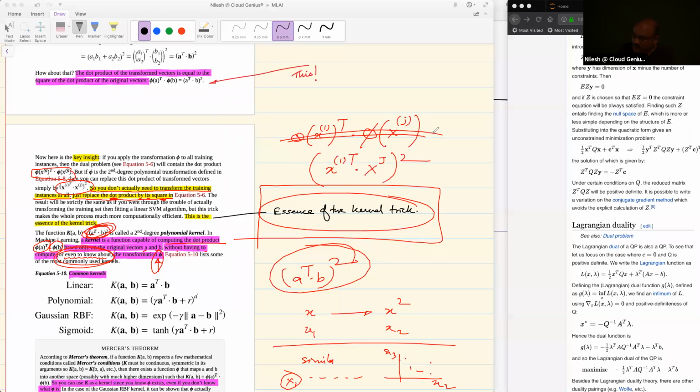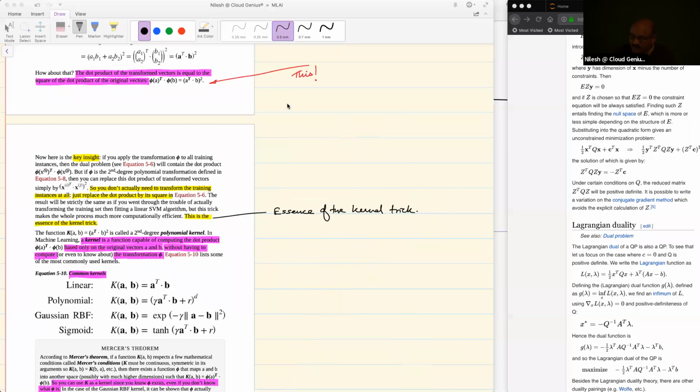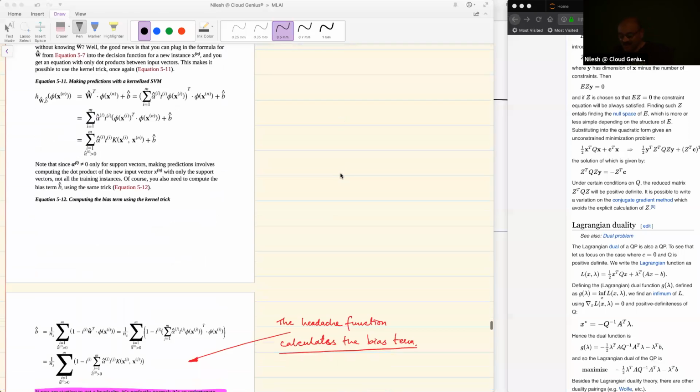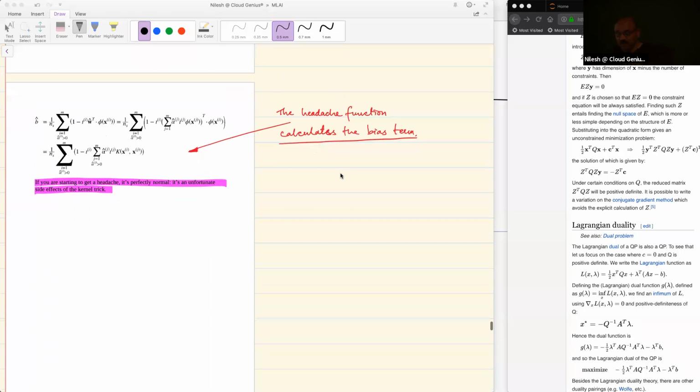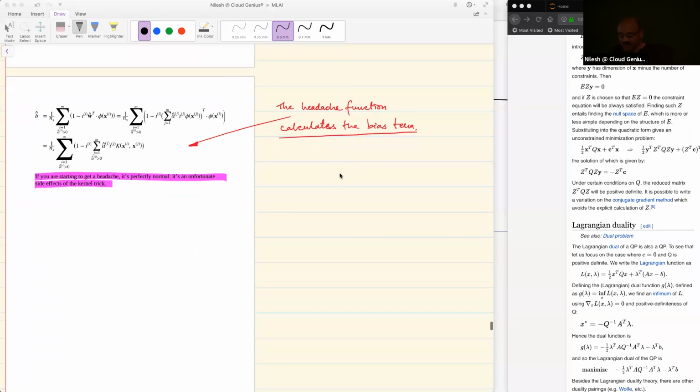You forget the phi and you get the answer. So that expression is equal to that expression, and that is the underlying concept of the kernel trick. With this, we are moving forward. If you're interested, we'll discuss this later on after the boot camp, not right now.